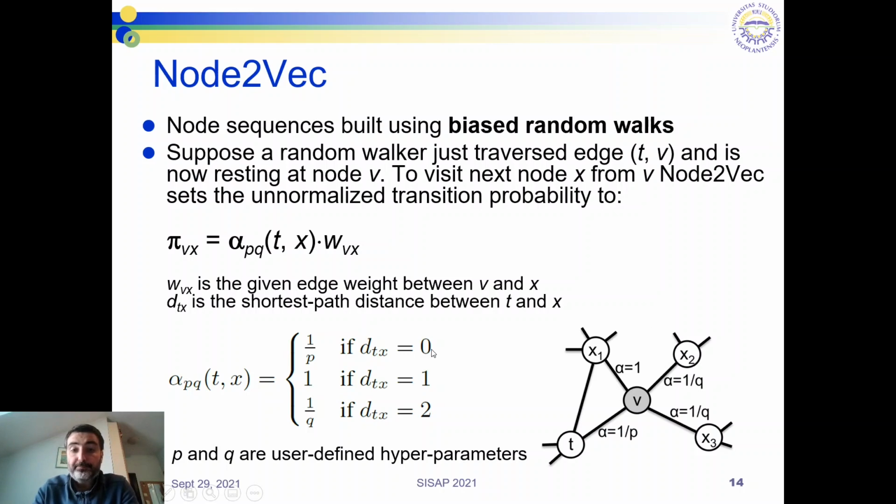In the first case here, the walker is considering returning to node T. And in this case, the alpha will be 1 over P. In the second case, the walker considers walking to a node which is also directly connected to node T. And in this case, alpha will be 1. And the last case is that the walker considers transitioning to a node which is not directly connected to T. And in this case, the value will be 1 over Q. And then the probabilities are normalized to sum to 1, and the die is rolled, and the walker continues.